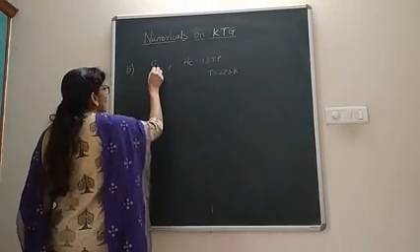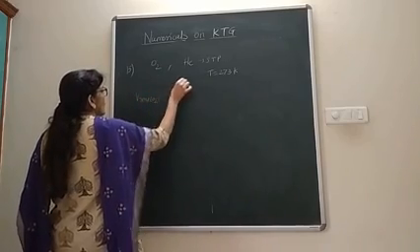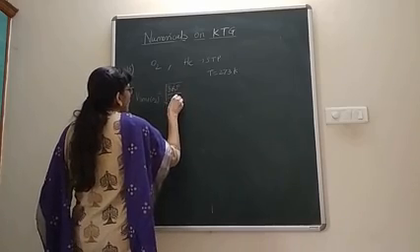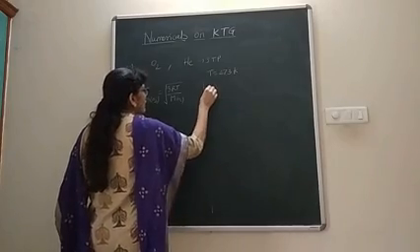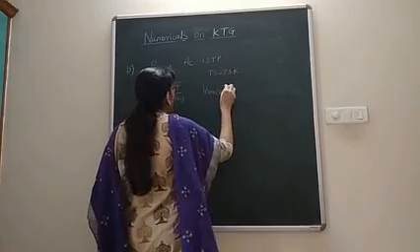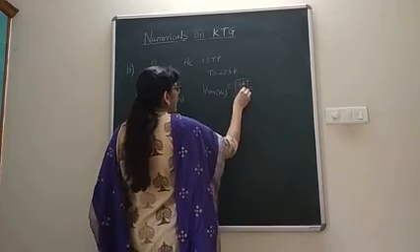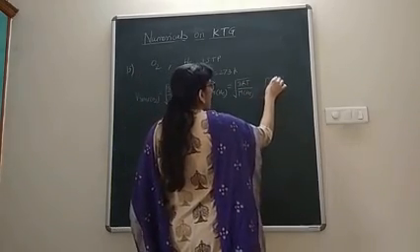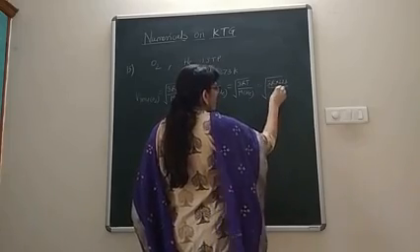So what is the formula for V_RMS? V_RMS of O2 is under root 3RT upon the molecular weight of oxygen. And for helium, at STP, it is 3RT upon M of helium, where T is 273 and the mass of helium is 4.